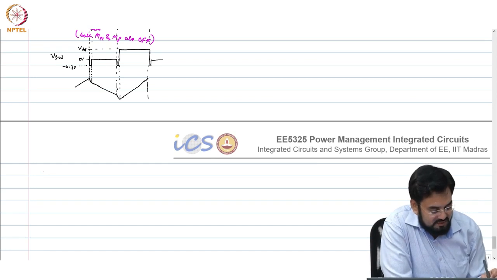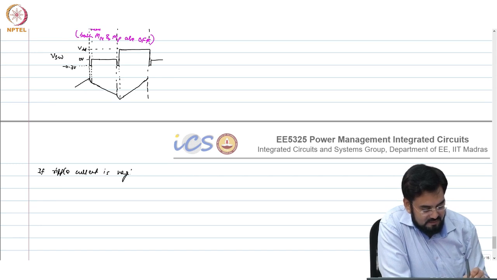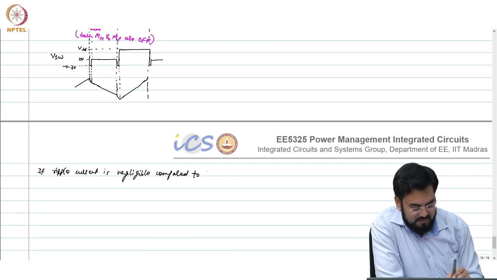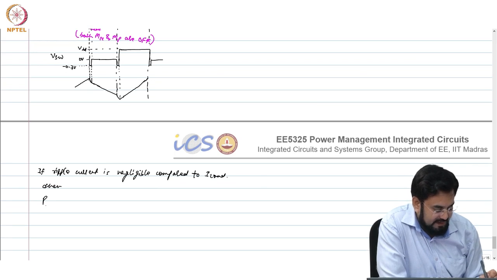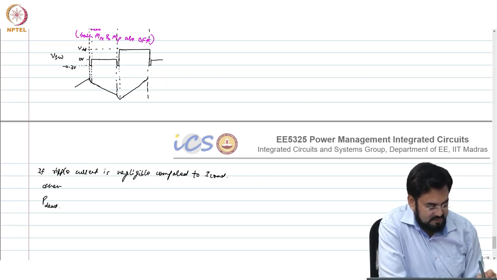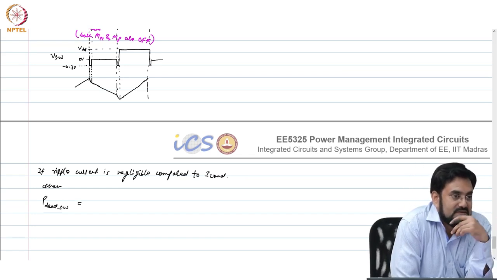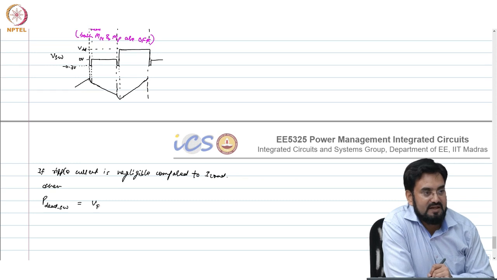So if I want to calculate, ripple current compared to high load, then what will be the P dead, the dead time switching loss? What will that be? What is the voltage? Voltage is VF, the forward voltage of the diode.